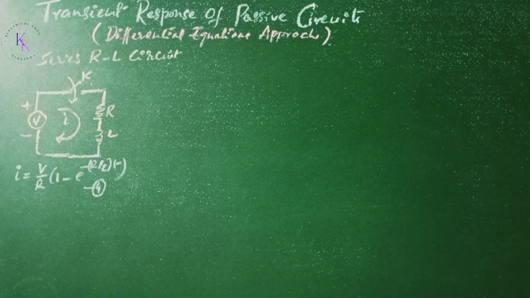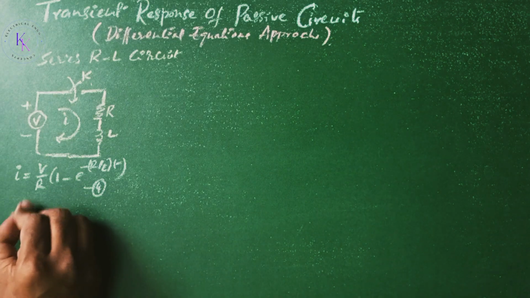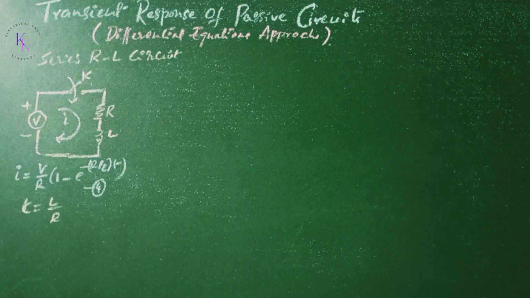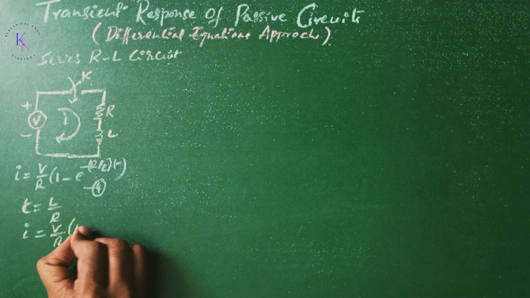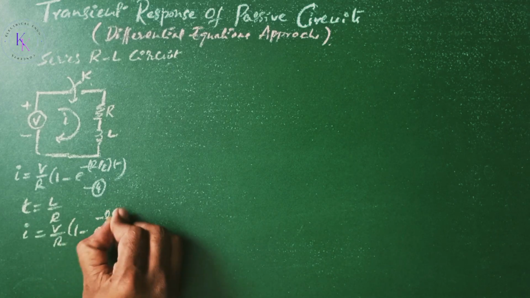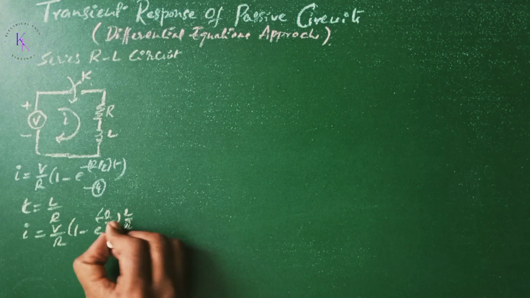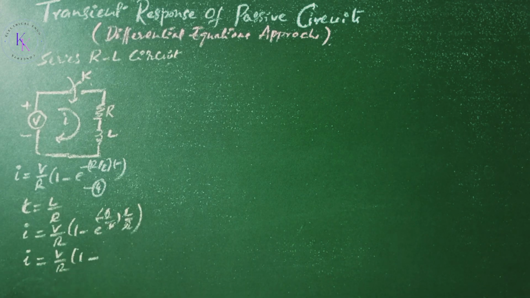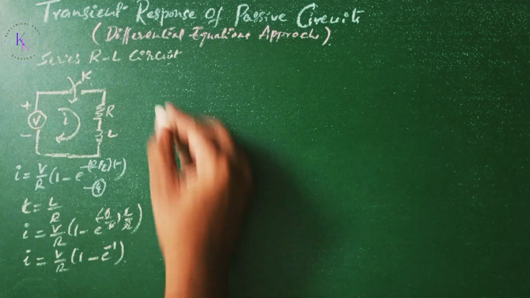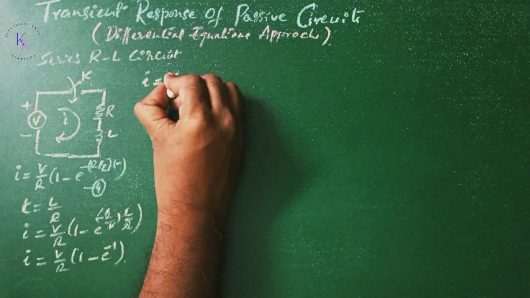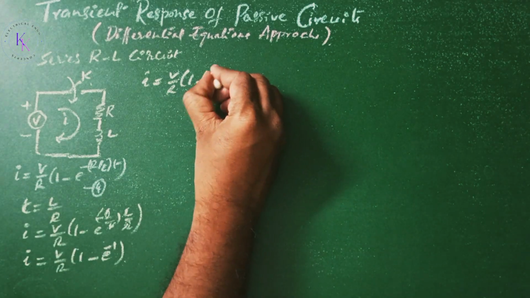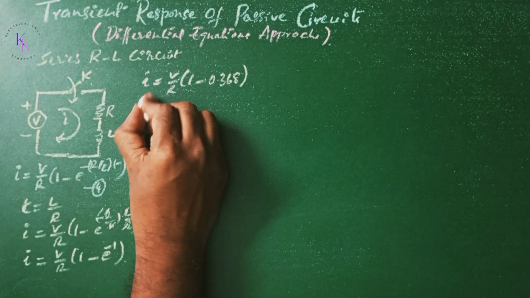Now, it may also be observed that if we put t equals L by R in the above equation, then the equation becomes I equals V by R times (1 minus e to the power of minus R by L times t). With t equal to L by R, I equals V by R times (1 minus e to the power of minus 1), which equals V by R times 0.632.